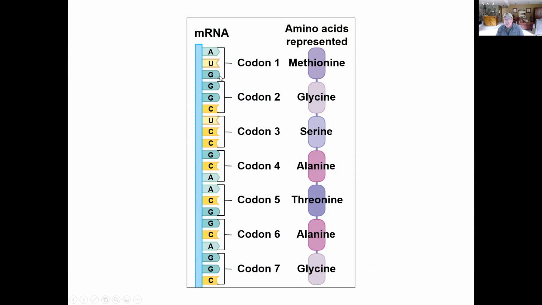So these codons will represent particular amino acids, which are denoted here by the different colored beads of a chain almost, isn't it? So keep that in mind. Each codon, each linear sequence of 3 RNA bases, represents one of 20 or 22 different kinds of amino acids.